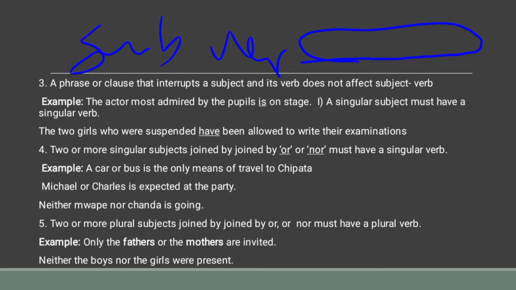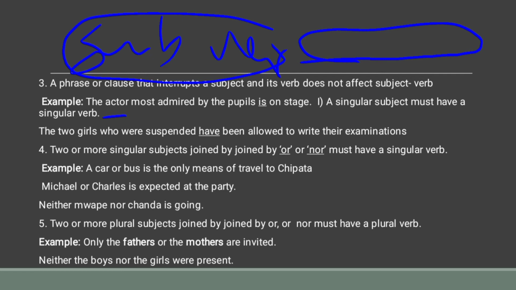The subject-verb agreement. For example, the actor most admired by the pupils is on stage. The actor, that's our subject in this case. Now there is this phrase trying to interrupt the subject, saying most admired by who?